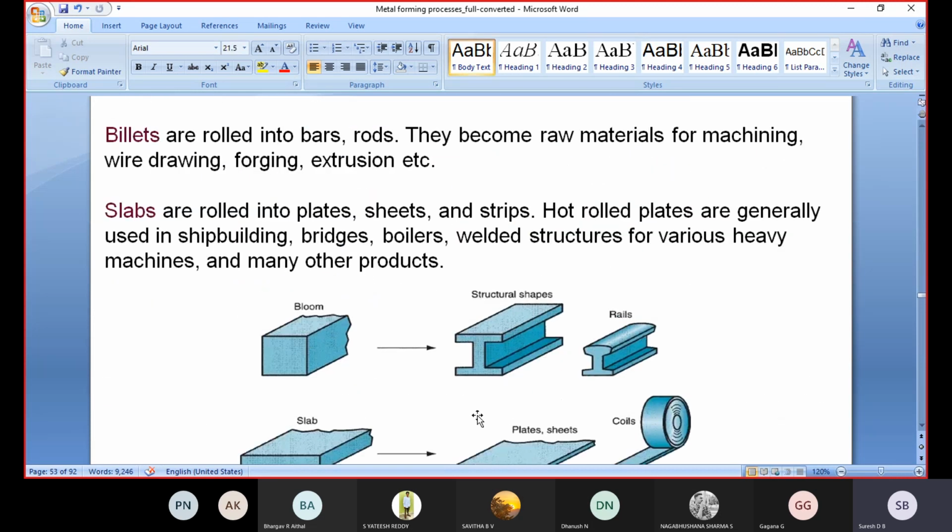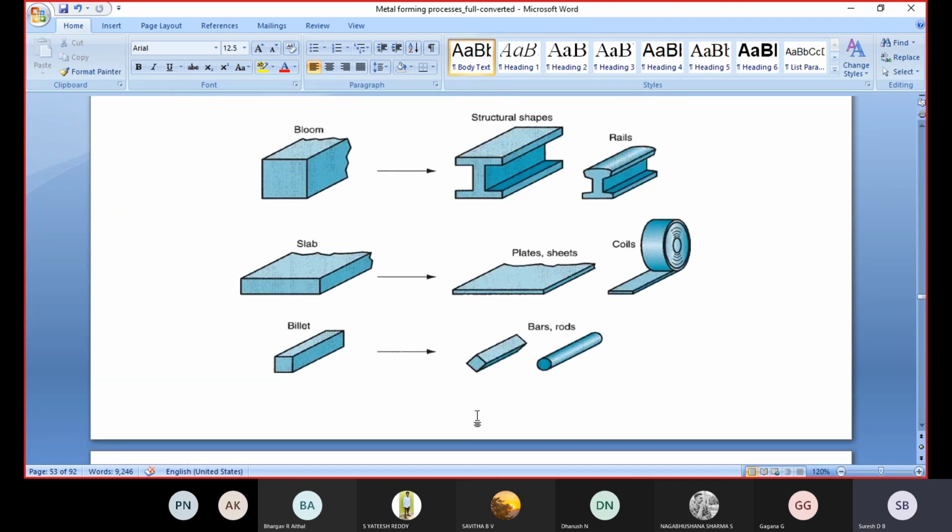See here in this diagram, visible? Yes, sir. This type of blooms are converted to an I-section. How do we convert to this I-section? These blooms are introduced in between the two rollers. At that time, one roller is at the top of the bloom and one at the bottom.